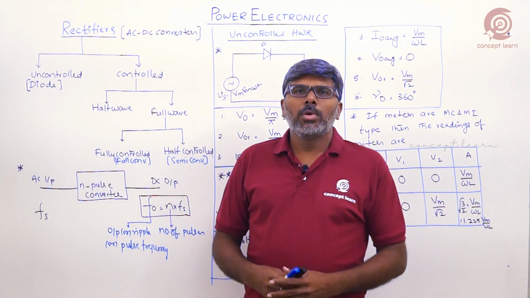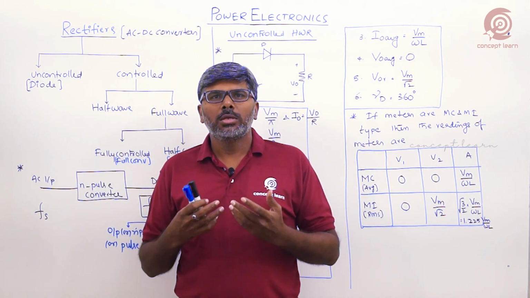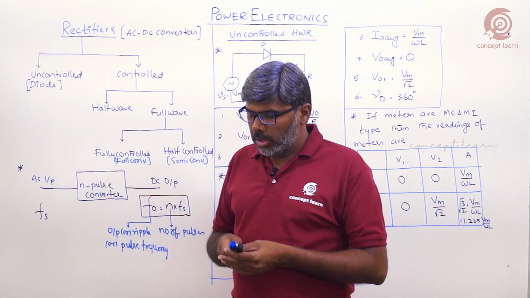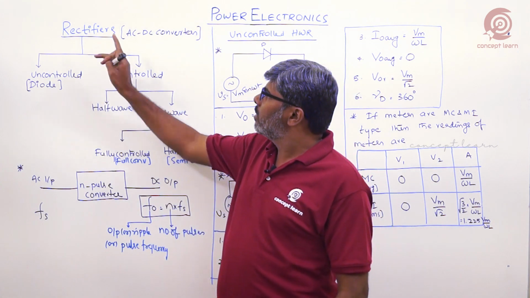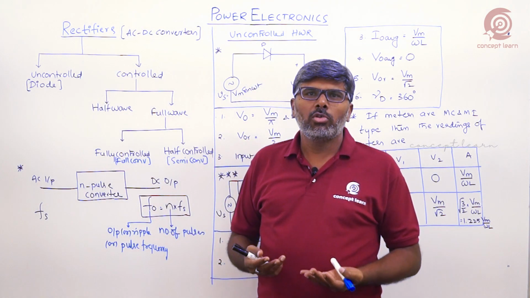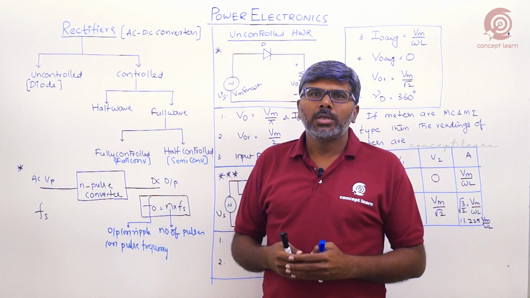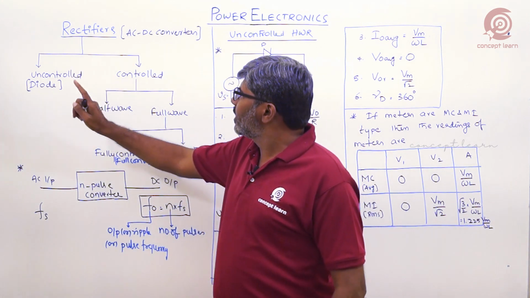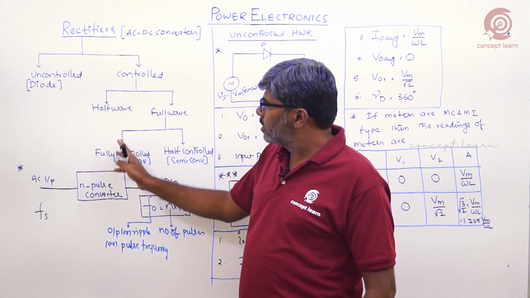So now let me talk about the second module, that is rectifiers, called AC to DC converters. A rectifier is a power electronic device which converts AC power to DC power. The rectifiers are classified like this.